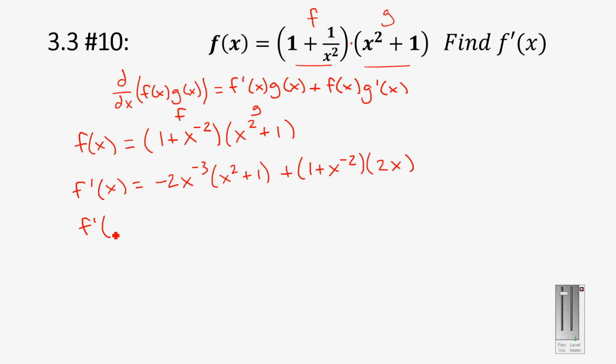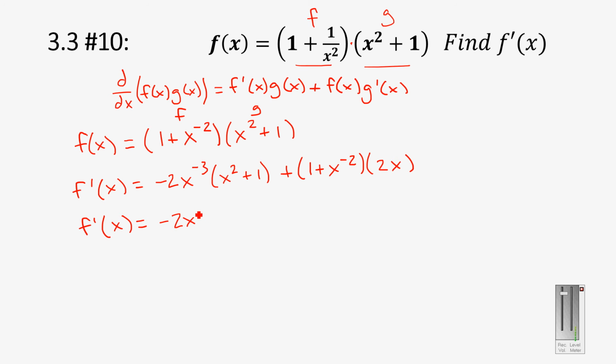And from there we can get f prime of x equals, and we might have to do a little bit of distribution here. So negative 2x to the minus 3 times x squared is going to be negative 2x.